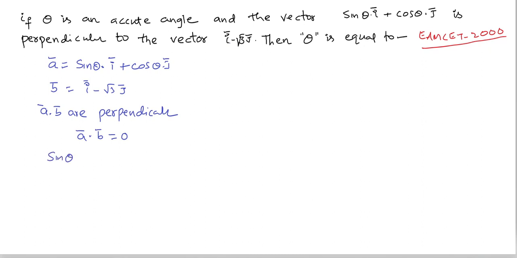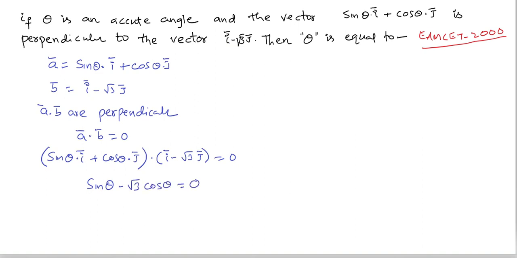That is sin theta minus root 3 cos theta is equal to 0. Sin theta is equal to root 3 cos theta. From this, tan theta is equal to root 3. Theta is equal to 60 degrees, that is pi by 3.